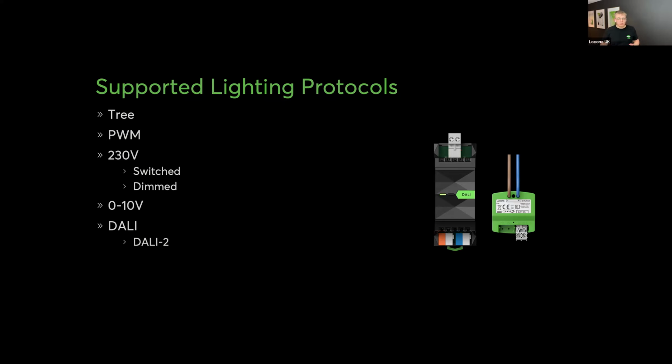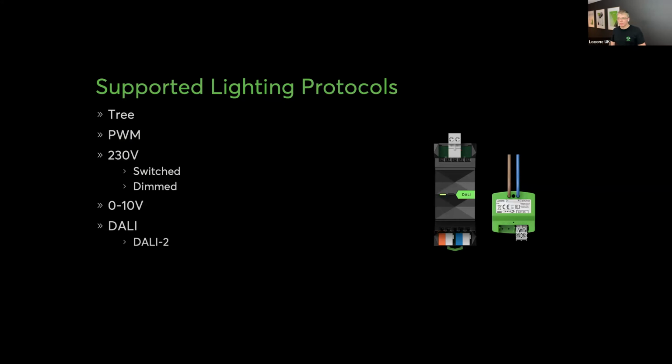So with the DALI extension, we have the ability to support up to 64 devices. So this could be, if a downlight is addressable individually, that could be a device. Or if you've got a DALI driver, just an LED driver, and you've wired some downlights on a circuit, that driver would be your device. Or you can have up to 16 groups.